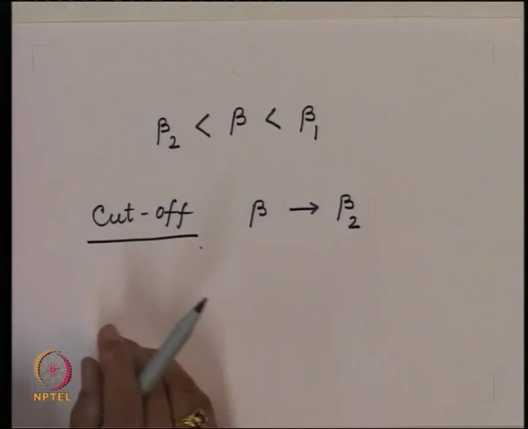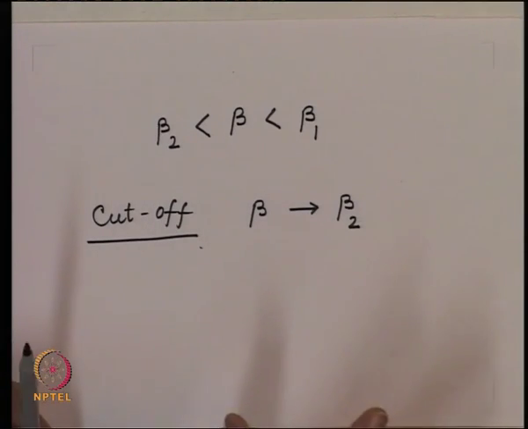So we have to create a situation, we have to operate in a domain where beta should be as close to beta 1 as possible and away from beta 2 as possible. So this condition is what is called the cutoff condition, at which the mode propagation essentially ceases, or the mode starts leaking out inside the cladding.